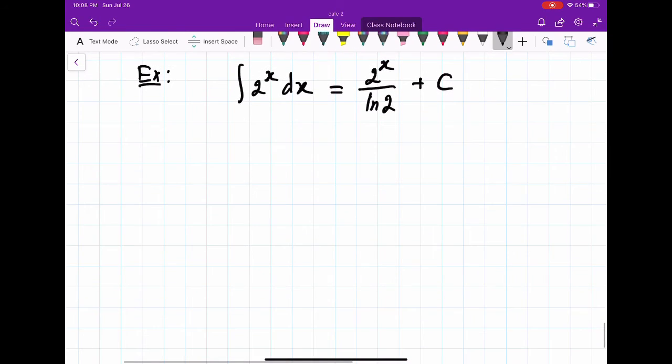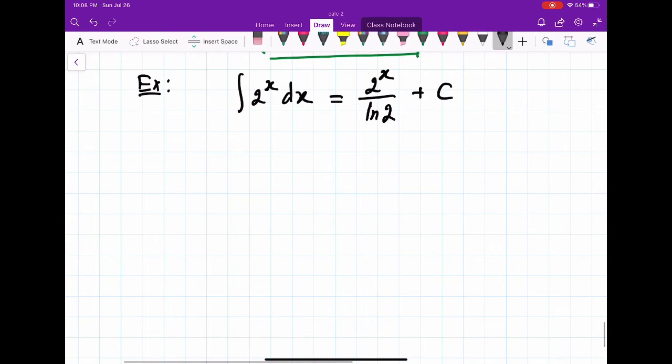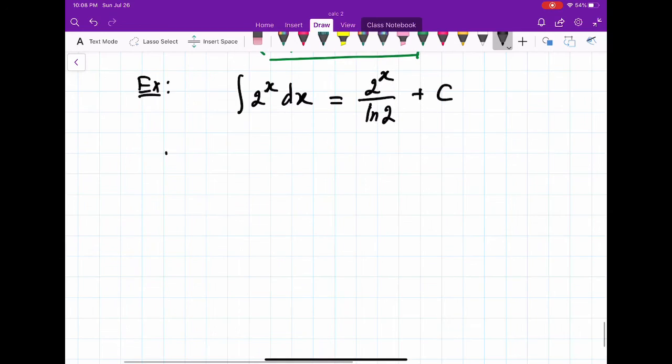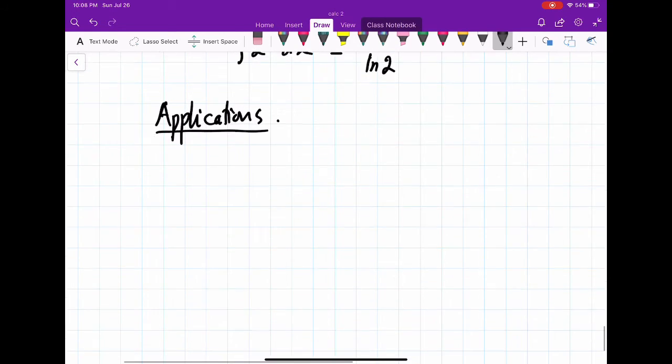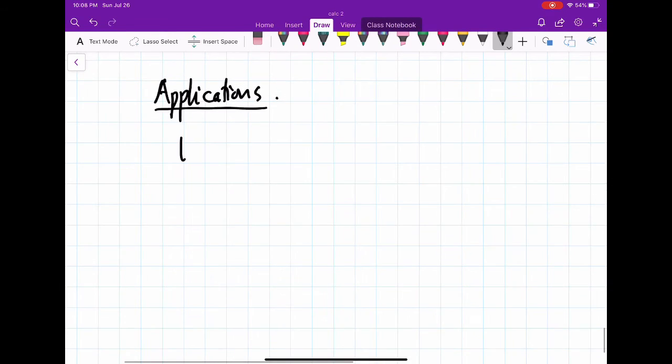The last part of this lecture is applications of logarithmic and exponential functions, okay? When we study logarithmic functions, let's write in general form log to the base a of x, right? The logarithmic function has a very good property.